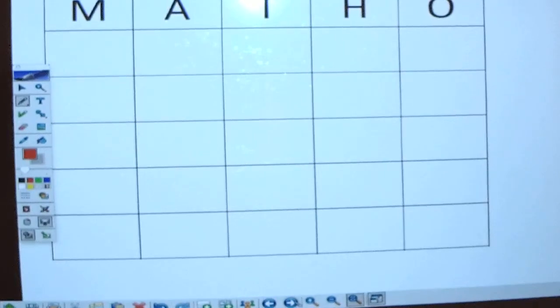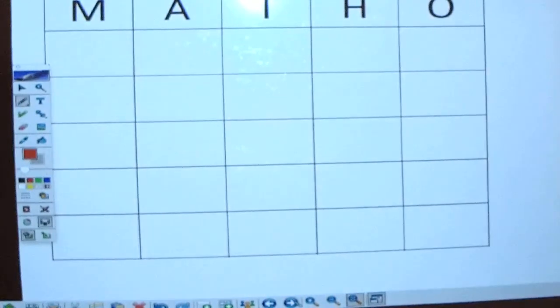Can we do it on notebook paper to save it? Yeah, you can do notebook paper if you want to keep it. You're allowed to erase yourself.